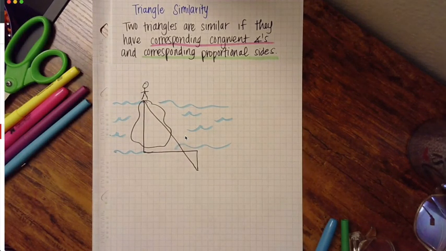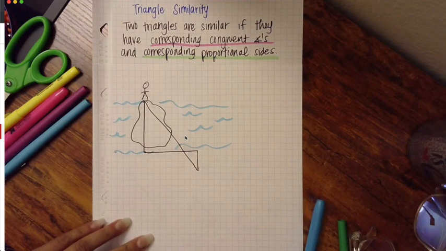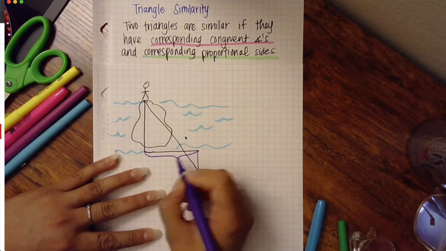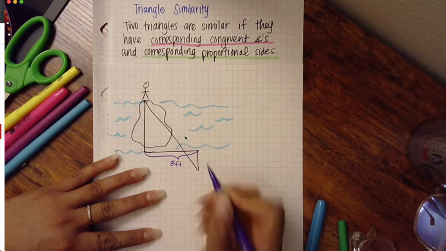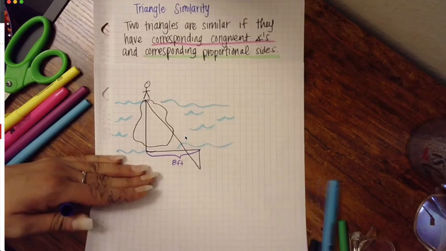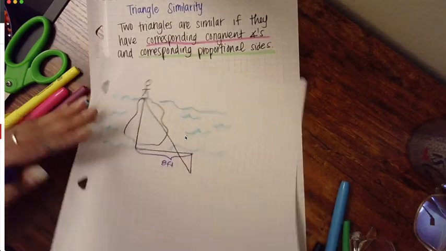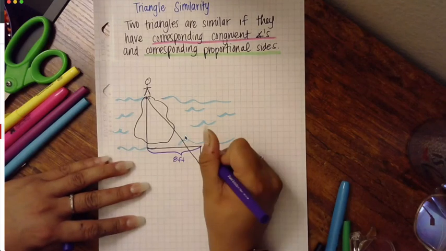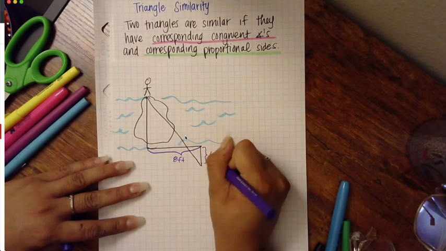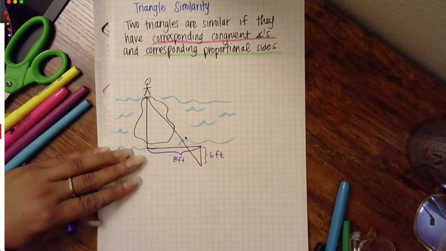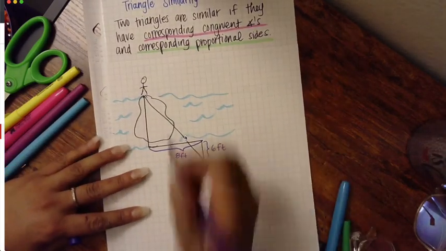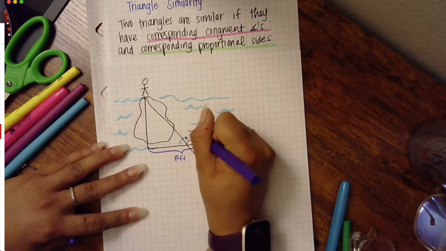What's given to him, and he was able to measure, is that using a tape measure, he recognized that this was 8 feet. He also measured that this here was 6 feet, and he measured that this tiny piece right here was 2.3 feet.